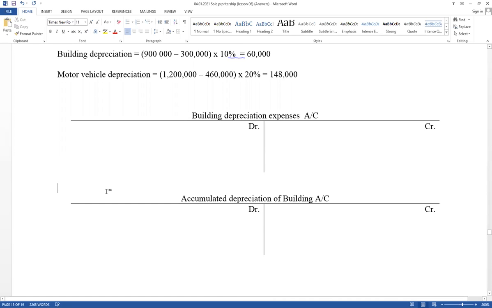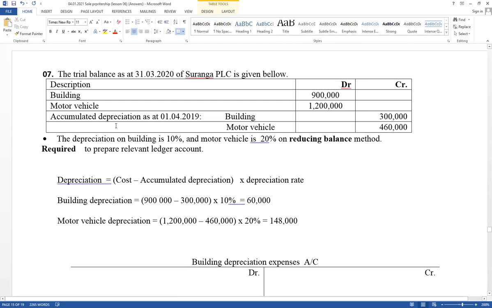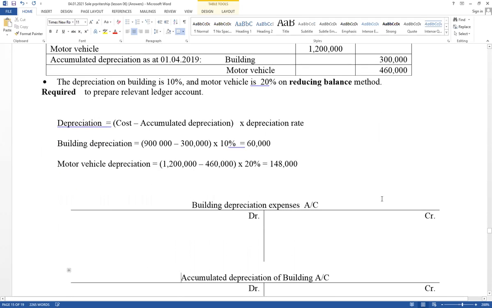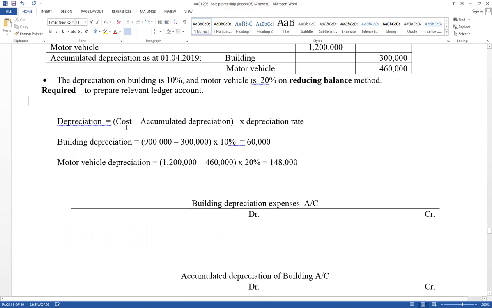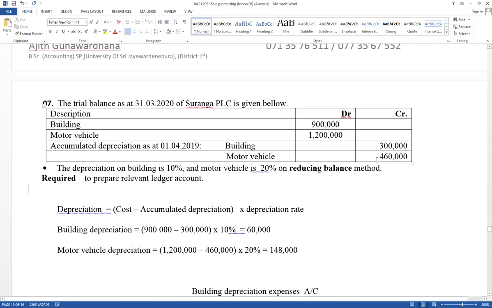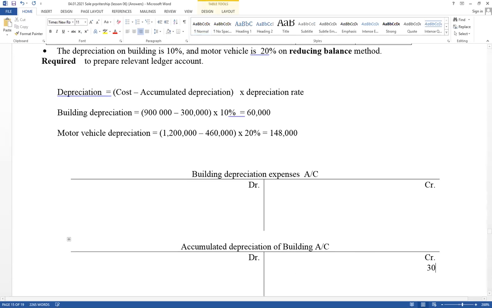First one, take the balance also. It has given accumulated depreciation of building with a 300,000 balance. That value should be included as a balance brought forward in the accumulated depreciation account. Therefore, 300,000 accumulated depreciation of building, credit side, as a balance brought forward, the opening balance.